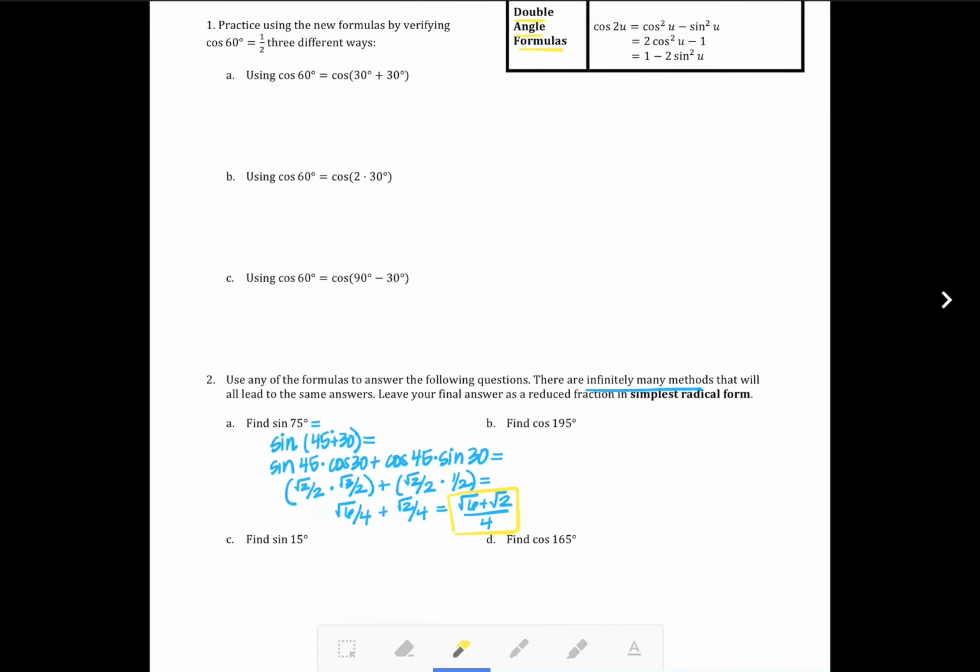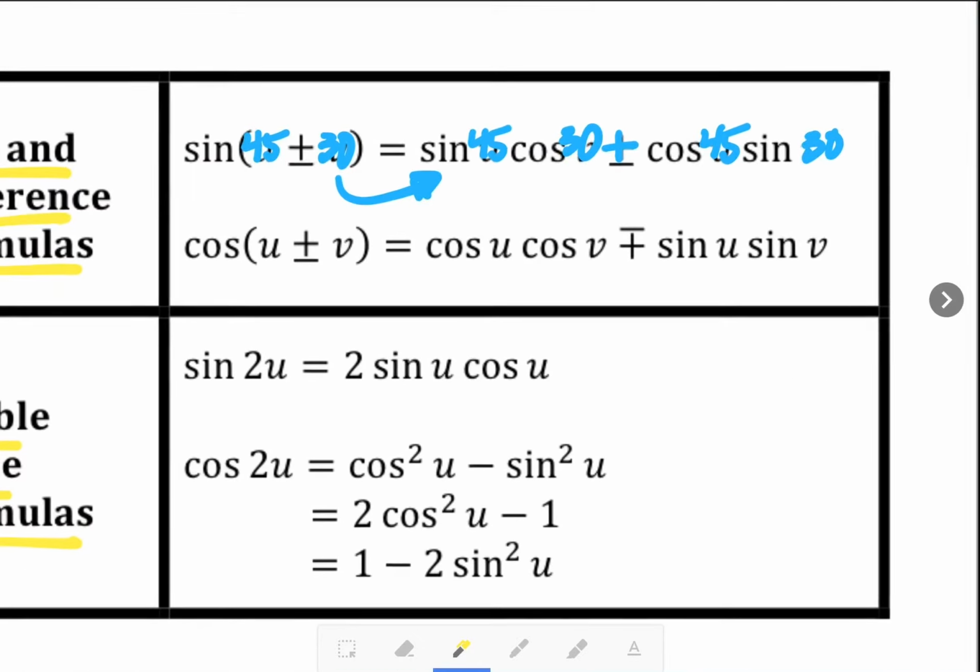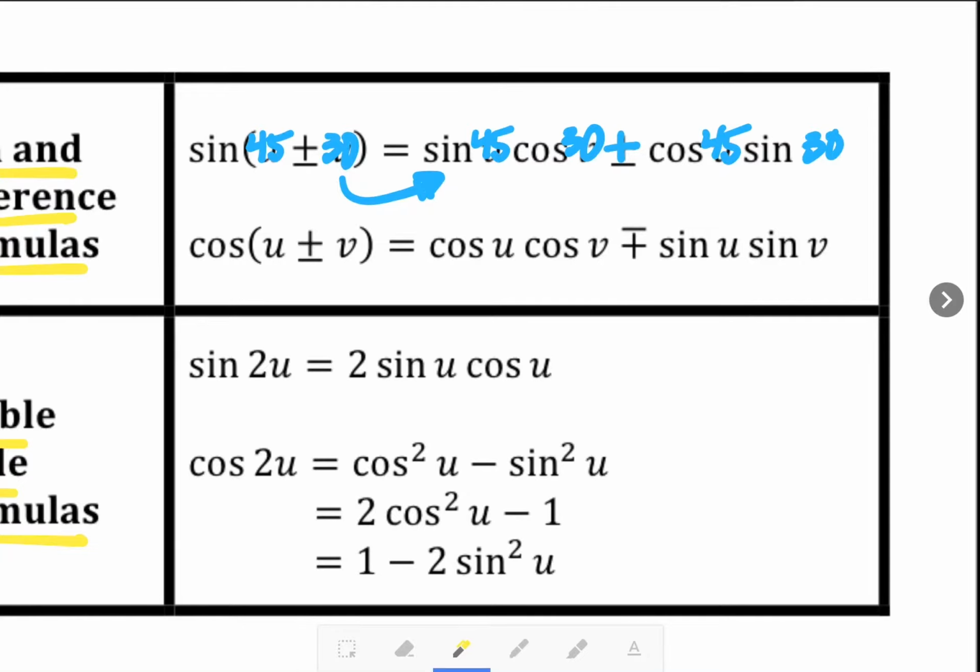Same applies for the difference formula. I just want to look at cosine for a second. You'll see here cosine's a little bit different. When we are adding the two angles, that means we're subtracting these two expressions. So if I wanted to do cosine of 30 plus 30, I would be subtracting the two expressions.